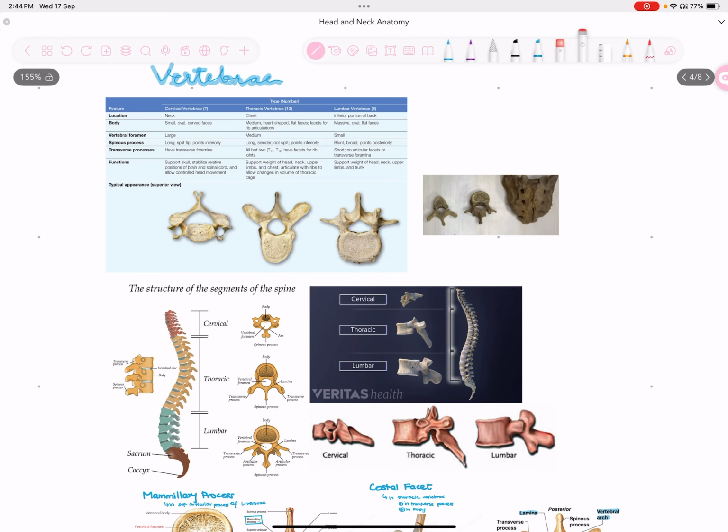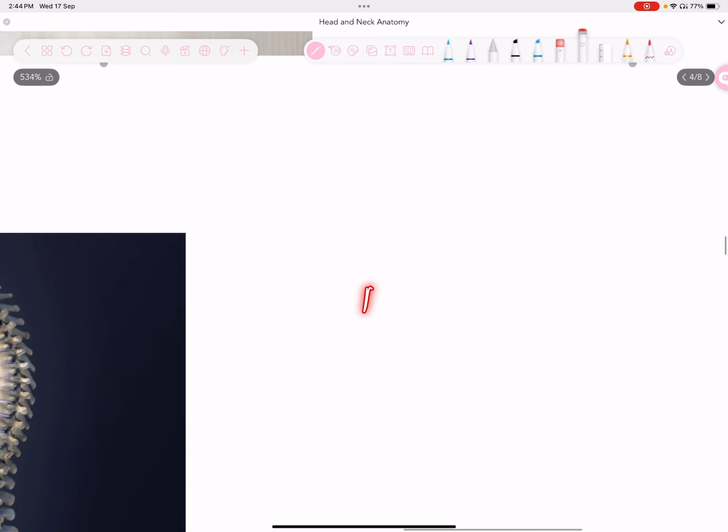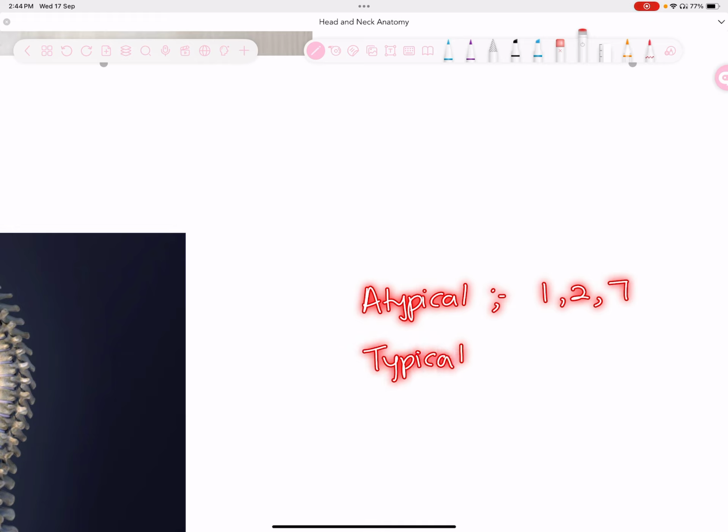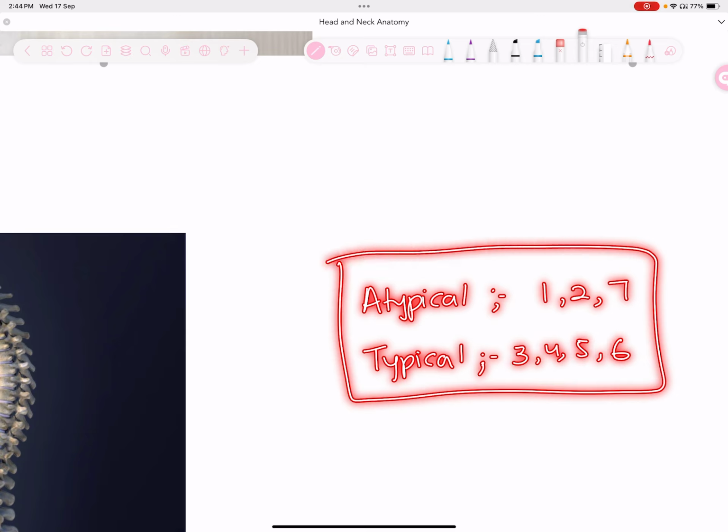These are the two categories. Atypical are 1, 2, and 7. Typical vertebrae are 3, 4, 5, 6. So this is very important. Keep it in your mind, just memorize this for now and forever.